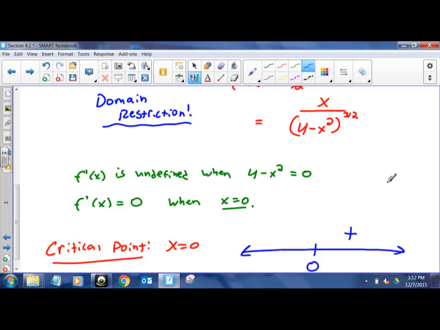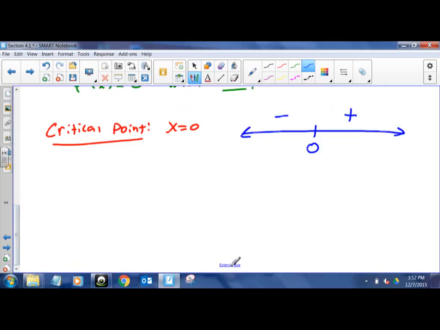And you do the same exact thing for a negative number. Well, the bottom still spits out a positive number because it's being raised to the 3/2 power. And then you have the negative 100 on top, or whatever we were testing, and you come out with a negative number. This sign chart for the derivative proves that there actually is an extreme value located at 0. The evidence is the fact that the derivative changes from negative to positive. Okay?